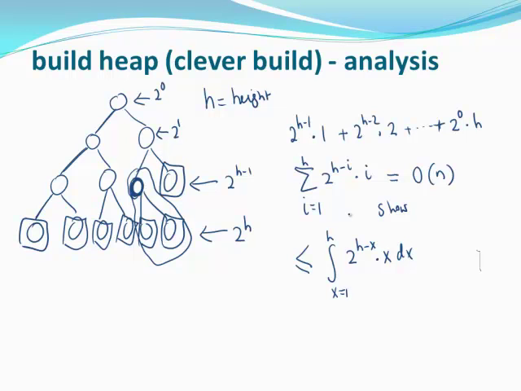You can apply the integral principles to show that this has a big O of n complexity. Now that's better than the n log n complexity that we talked about before. So we can show that the asymptotic complexity of build heap can be done in big O of n.